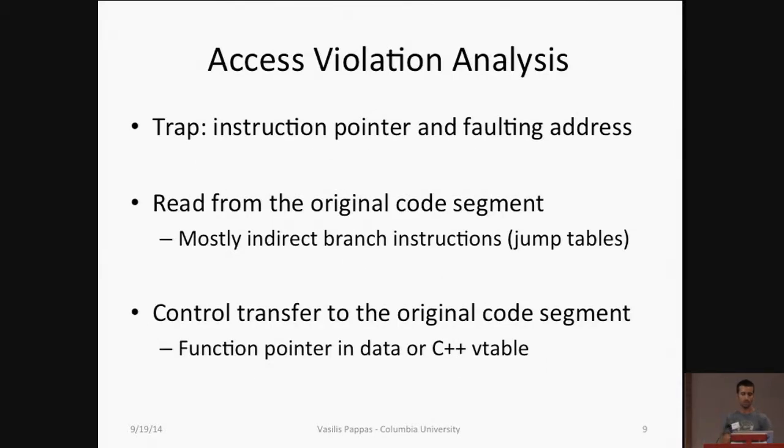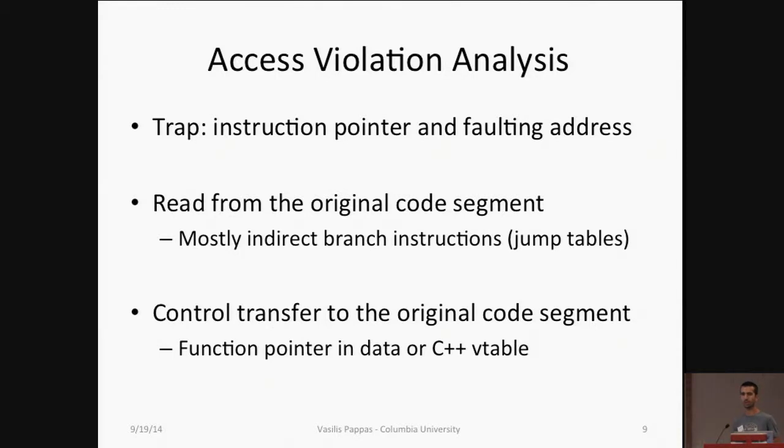So, as I said before, when an access violation occurs, we receive 2 pieces of information. The first one being the location of the instruction that called this trap, and then the second one being the faulting address itself. Given these 2 pieces of information, there are 2 possible outcomes. These are either the same or different.